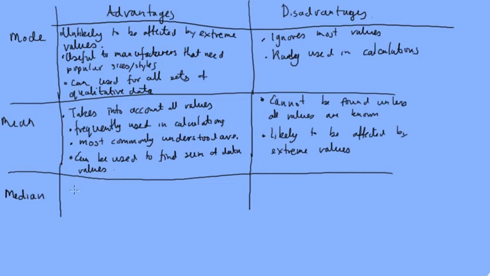So the median can be found without knowing all the values. It's relatively unaffected by extreme values.